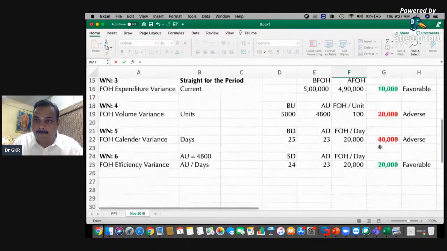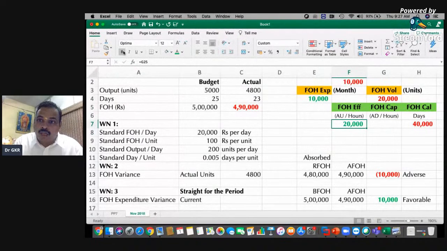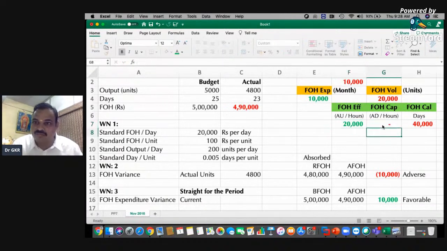Where is it? Favorable, 20,000. Now, I am sure all of you can tell me capacity. Because this is 20,000 adverse. 40,000 adverse and 20,000 favorable is 20,000, what do you call it as adverse? Naturally, capacity is 0. Capacity will be 0.